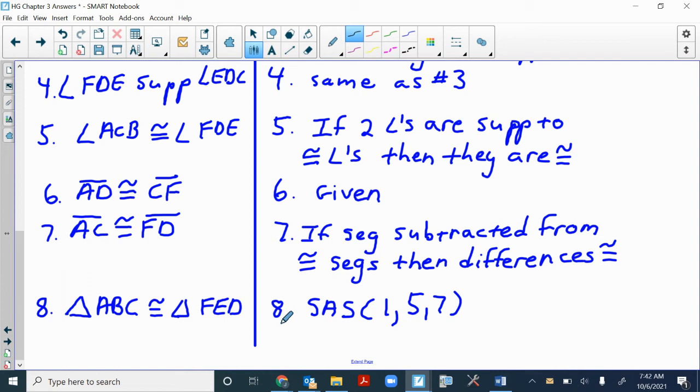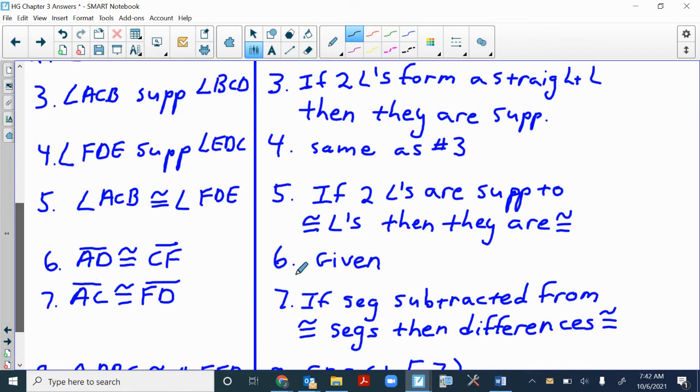So you can see both proofs were very, very similar. Honestly, it was just the order that I decided to do it in. The first one I dealt with the subtraction first, and then I did the straight angles.